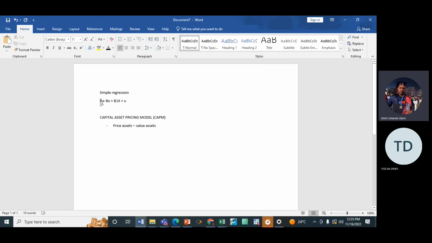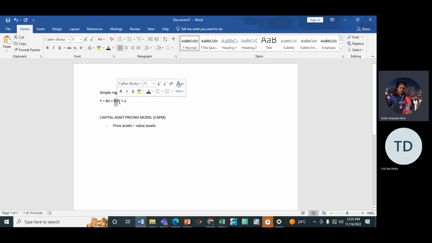We know y is the dependent variable, x is the independent variable, beta 0 is the constant or intercept. What's u? Error term. And what's b1? b1 is the slope coefficient, right?